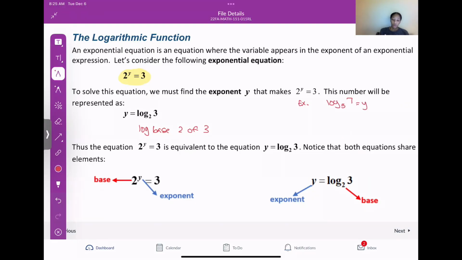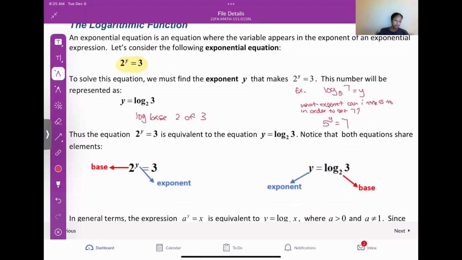This means we want to know what exponent we can raise 5 to in order to get 7. Or in other words, we're asking, if I take 5, what power do I raise it to to get 7? So for logarithmic functions, the base is written as a little subscript. We are given the output that we want, and we are trying to solve for the exponent.